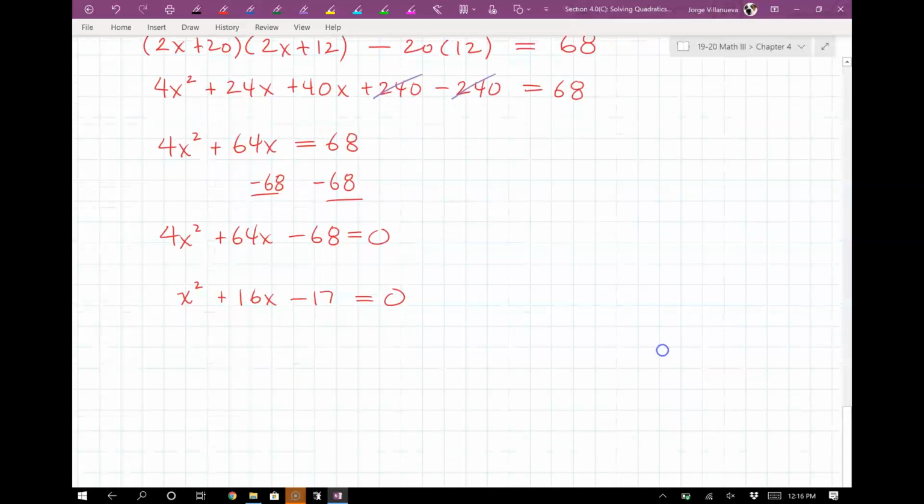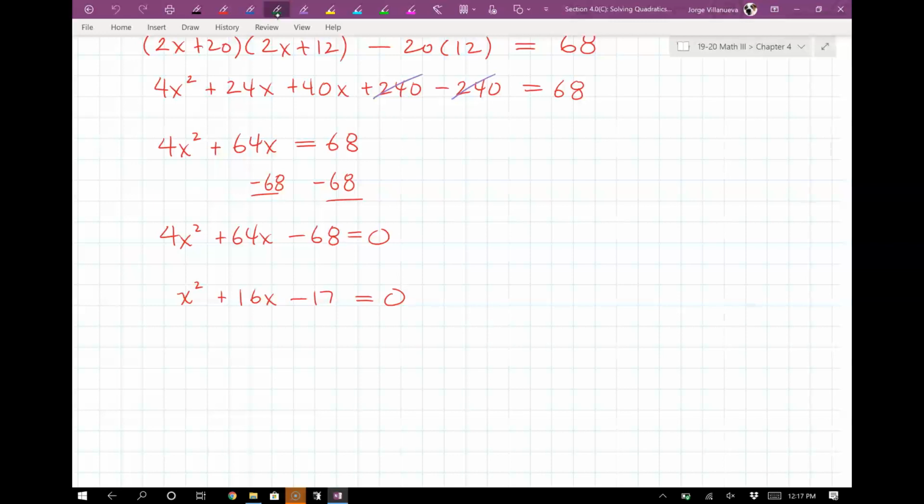And now I'm going to use my quadratic formula. Okay? I know this seems like a whole bunch of work, and I agree, it is a lot of work. But if you follow what I did here and do number 10, it's going to be the same idea, just obviously the numbers change a little bit. But you're going to get a big piece minus a little piece and set it equal to the area that they tell you.